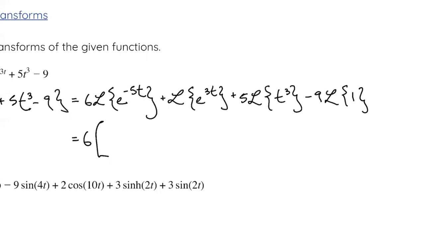Since we are not live altogether, if you look at your table, this is number 2 on the table. And it says that the Laplace of e to the at is 1 over s minus a. What is our a value in this first function that I'm trying to transform?